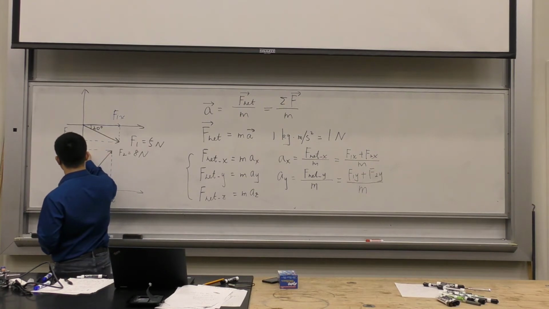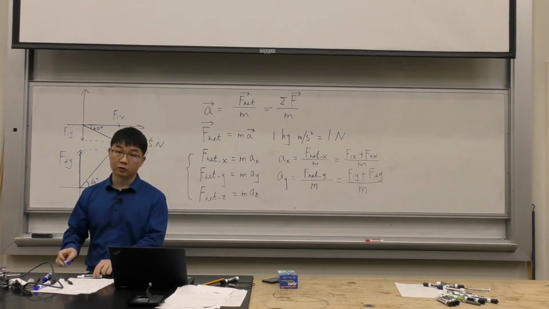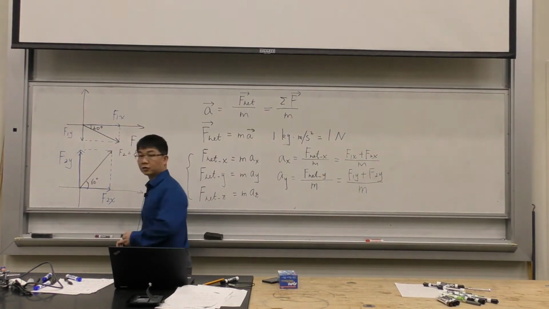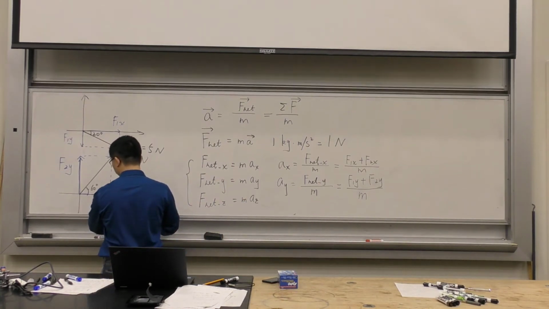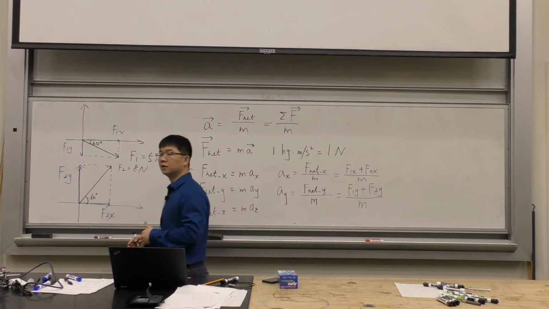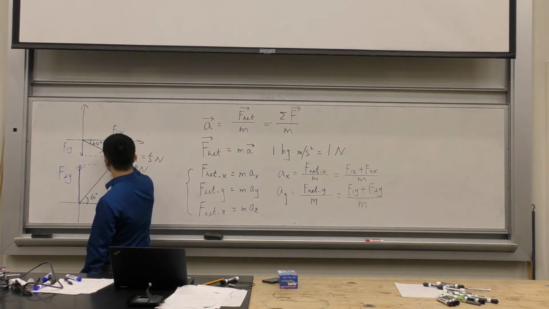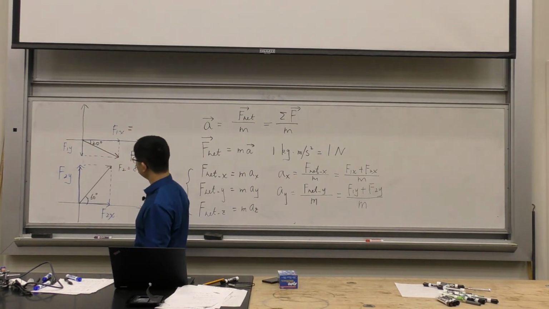Then you're going to use sine and cosine to find these components. If you have this diagram, then you can go ahead and find them. You don't need to remember which one is always cosine, which one is sine, because the problem may give you different angles. In this case, F1X, which sine or cosine?